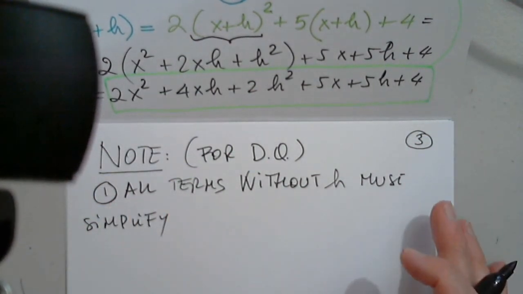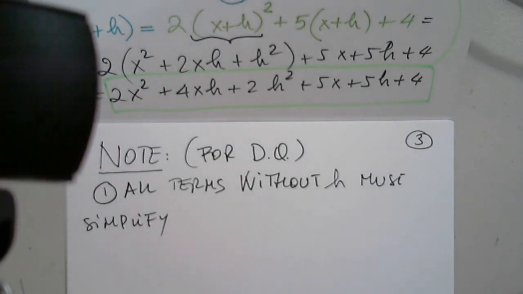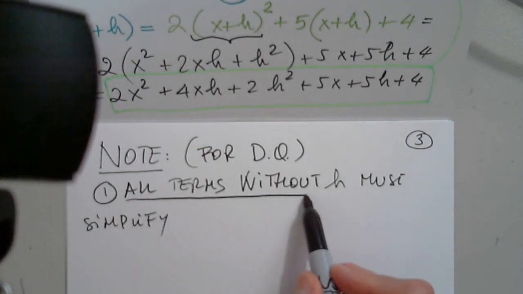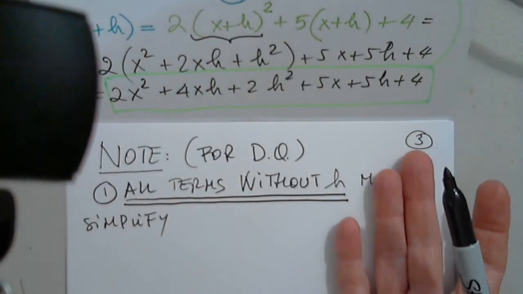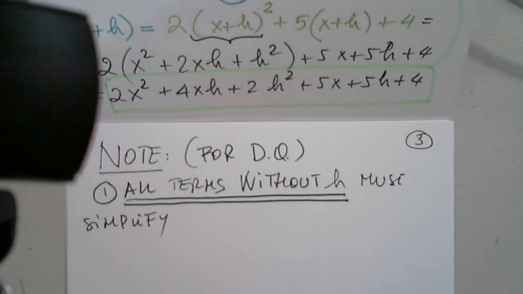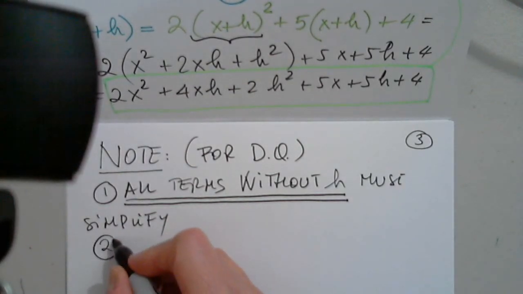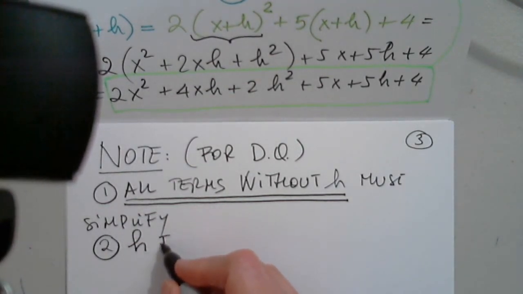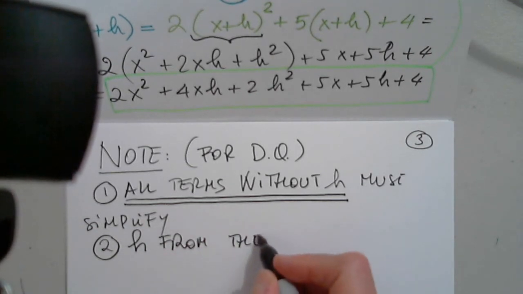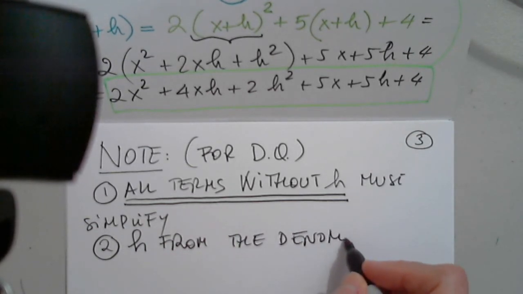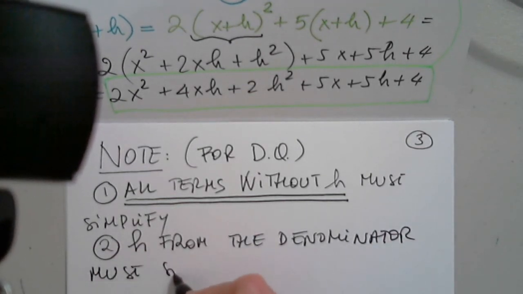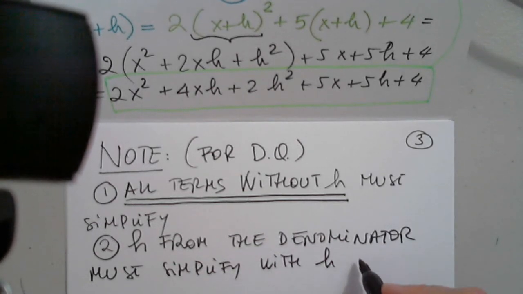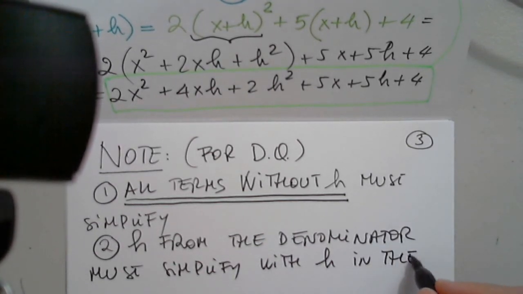Some terms with h must simplify as well. I don't care, but all terms without h must go away. If some terms with h go away too, that's a bonus. Number two, h from the denominator must simplify with h in the numerator.